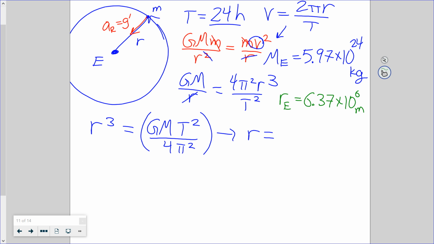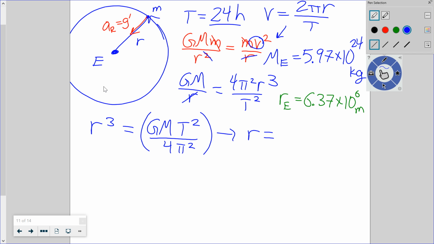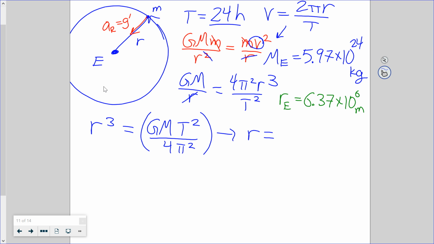Okay, so let's calculate. That G is like a 6.67. Got mass of the Earth. Oh my goodness, I need 24 hours. 24 times 3600. Okay, and then 6.67 times 10 to the negative 11th times 5.97 times 10 to the 24th times my answer squared divided by 4 divided by pi squared.